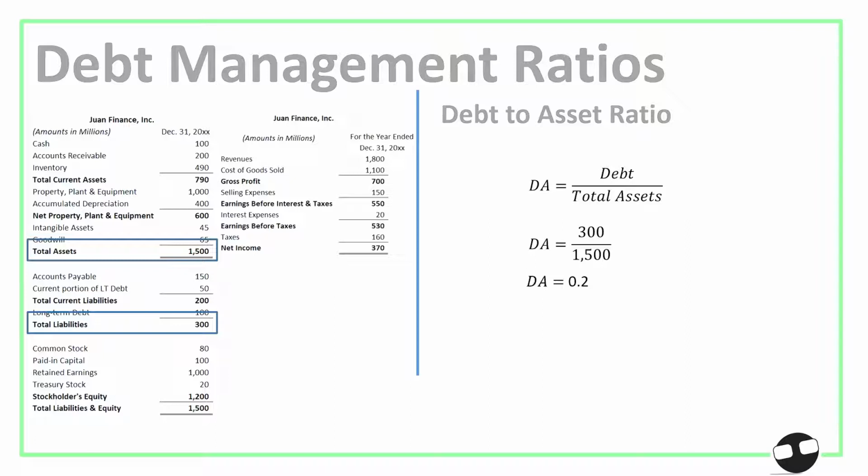And that would give us a 0.2 debt to asset ratio. So that would mean that for every 1 peso of asset, 0.20 centavos is allotted to debt. Okay, so that's how we interpret this.